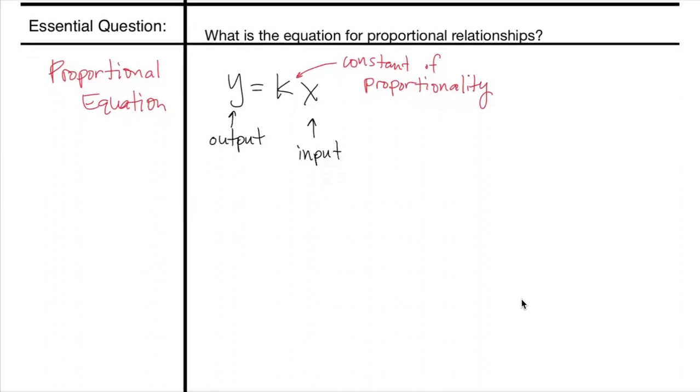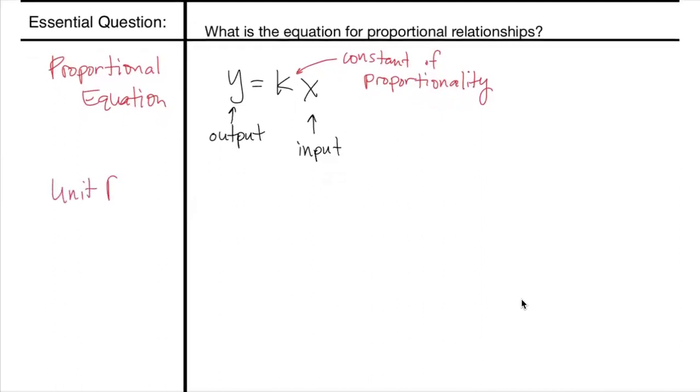I also want to cover again unit rate. Unit rate, remember, means the y value when x equals, anyone remember? 1. The y value when x equals 1.